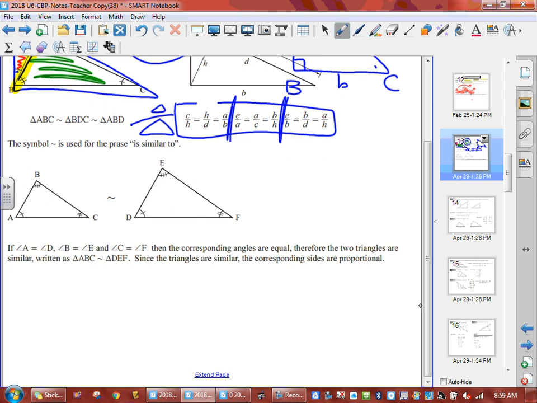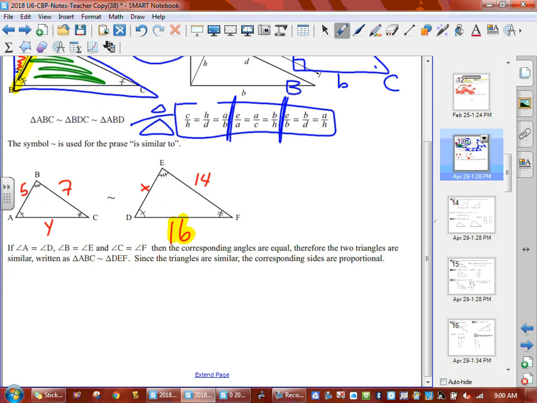So on this one, let's just say, for instance, we have the number 5 here, we have x here. Let's say we've got 7 here, 14 here. And let's say we've got y here and 16 here.